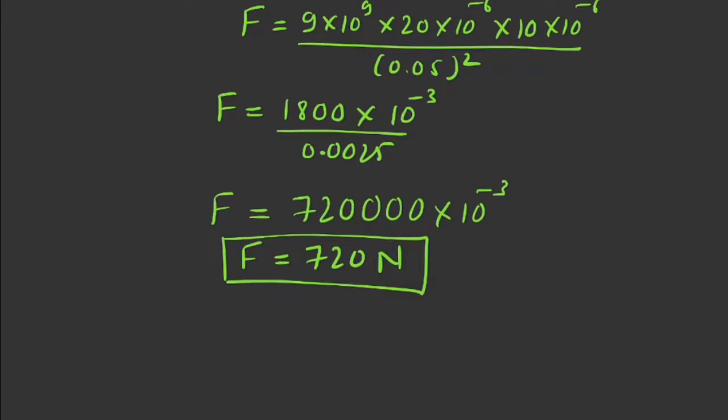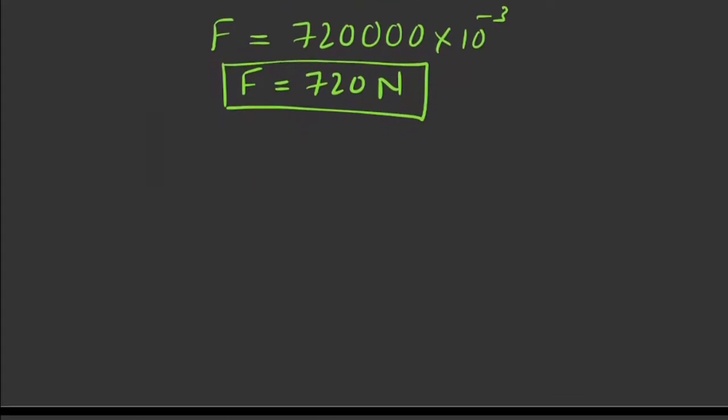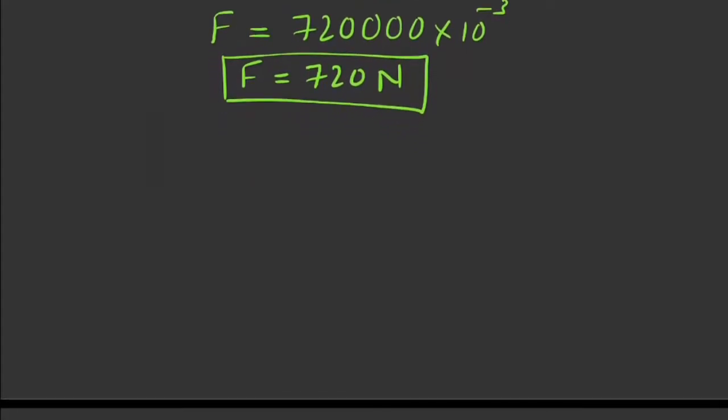Now let us calculate the force between the same two charges when they are present in other medium. Now what is the formula of force between the two charges in medium? Force between two charges in medium is calculated as 1 divided by 4 pi epsilon naught into k, q1 q2 divided by r square. So this is how we can calculate force between two charges when it is in other medium.